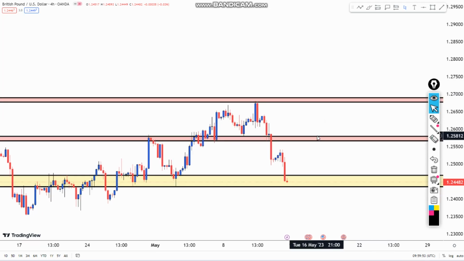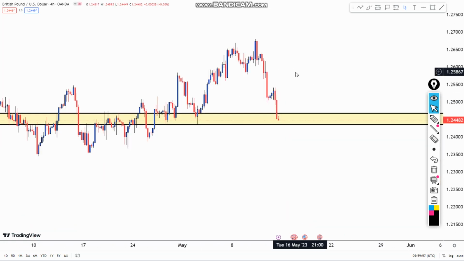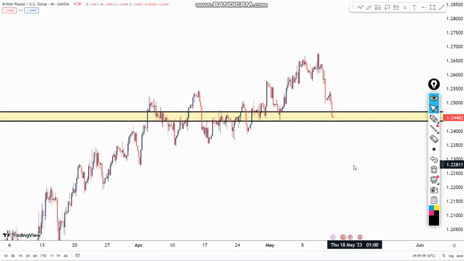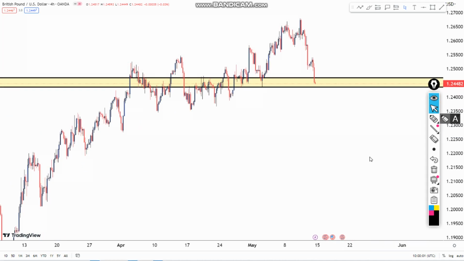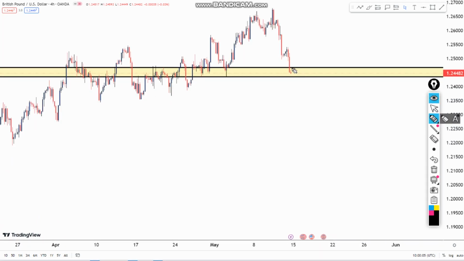All right, so let me take these levels away because they are no longer needed. And as I said on the daily time frame on GBPUSD, price should be able to break below this strong support level before you can start thinking of a sell all the way to the downside.